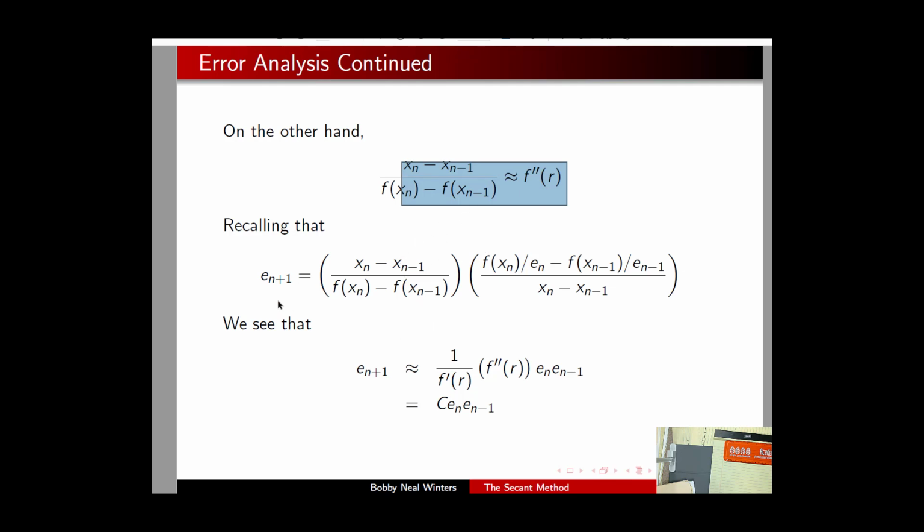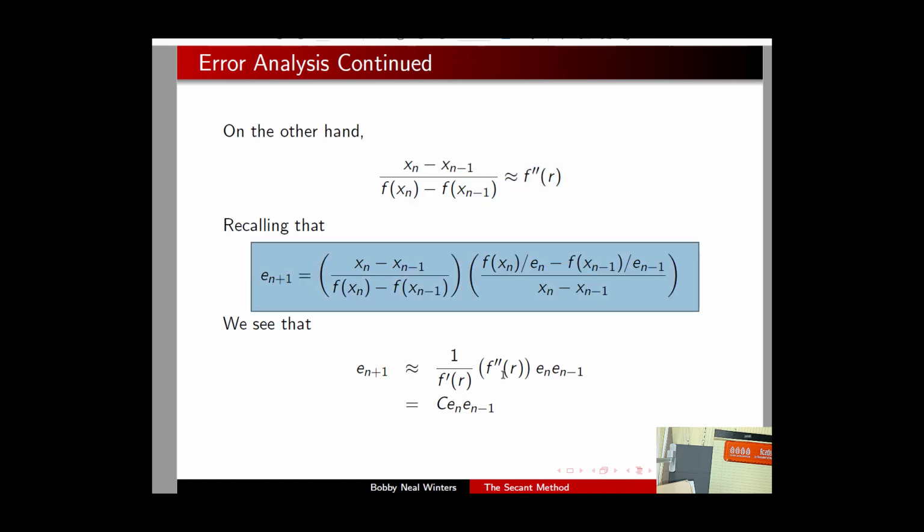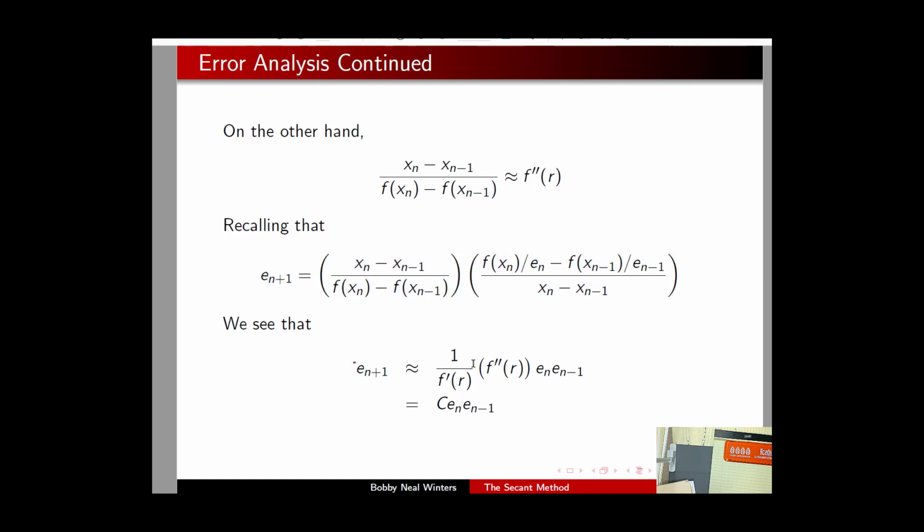Rolling this back into this equation here, we will see that e sub n plus 1 is approximately equal to 1 over f prime of r times f double prime of r times e sub n minus 1. So some constant times this product of e sub n and e sub n minus 1.